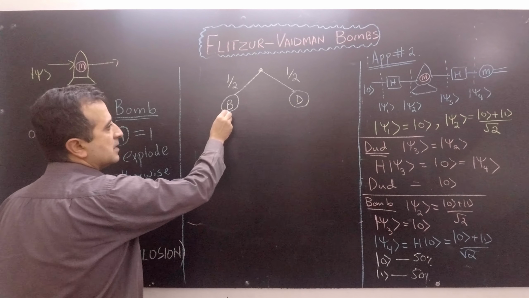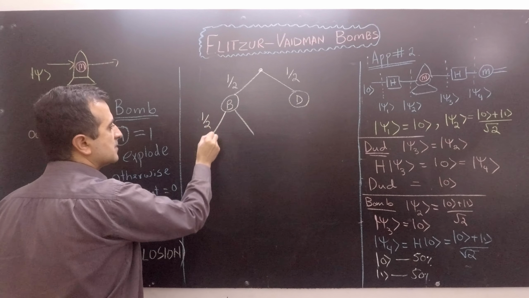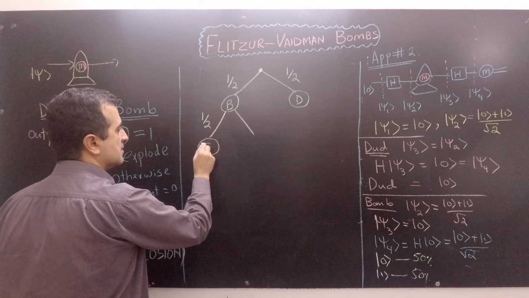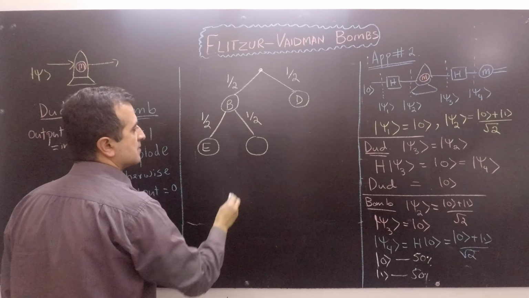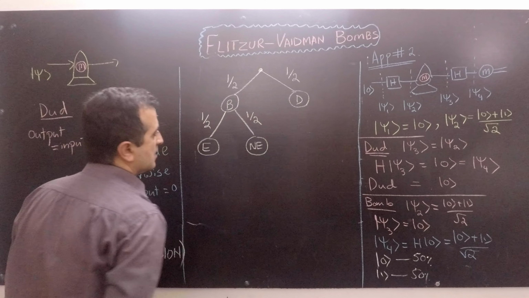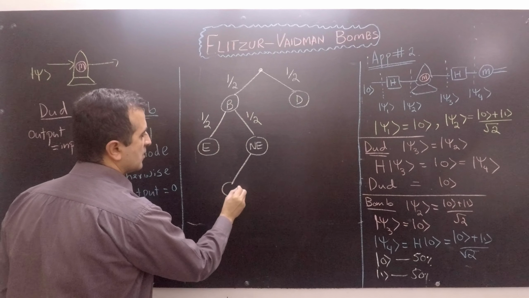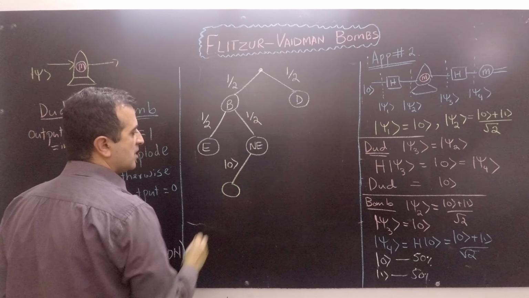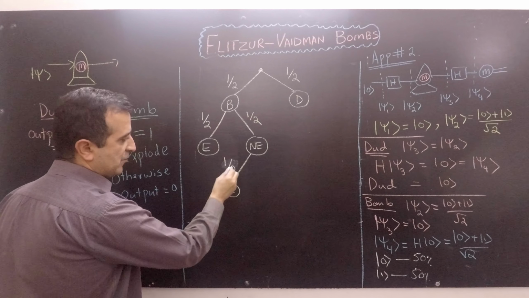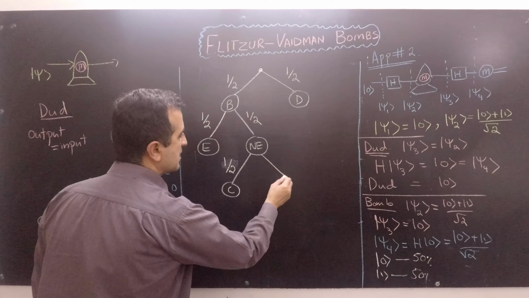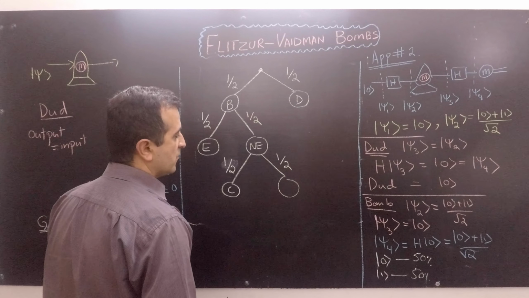In case of bomb, it will either explode with 50% probability and we will all die, or it will not explode with 50% probability. In case of not exploding, with 50% probability it will produce an output of ket 0 and we are confused, and with 50% probability it will produce an outcome of ket 1 and we are sure that it was a bomb.